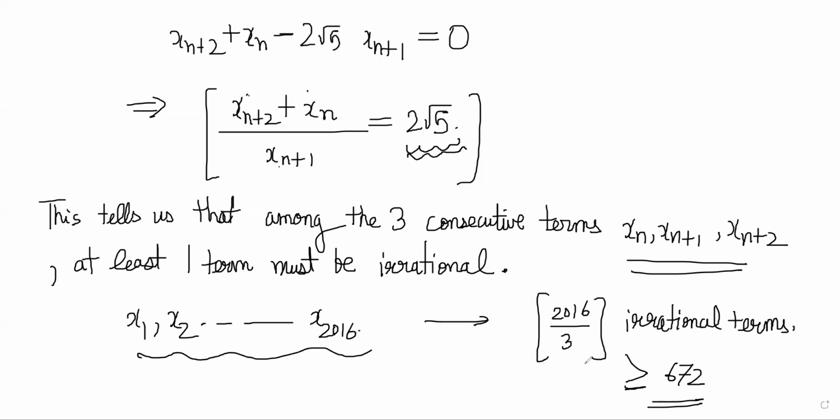The number of irrational terms could be more, but at least 672 of them are definitely irrational, right? So basically a simple proof, but it is only obvious if you simplify your original sequence relationship and get this condition, x_{n+2} + x_n - 2 root 5 x_{n+1} is 0, right?